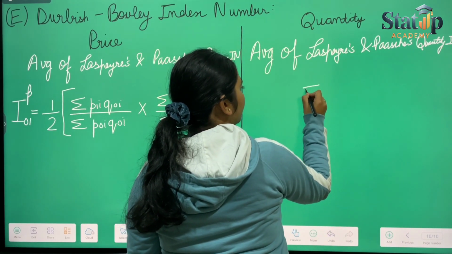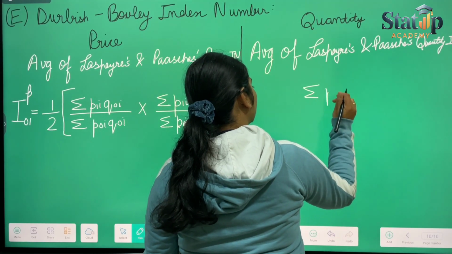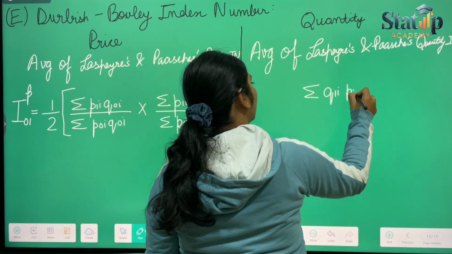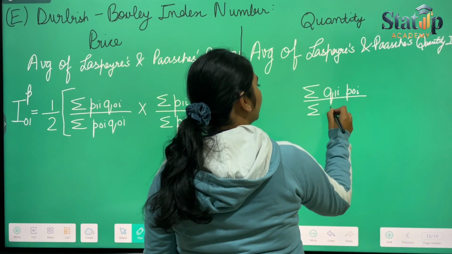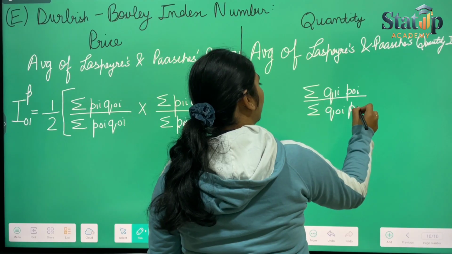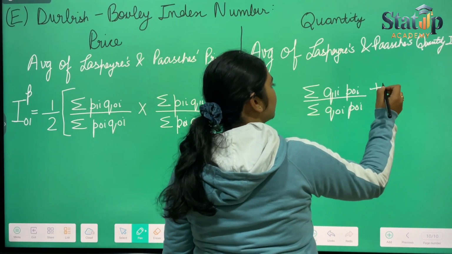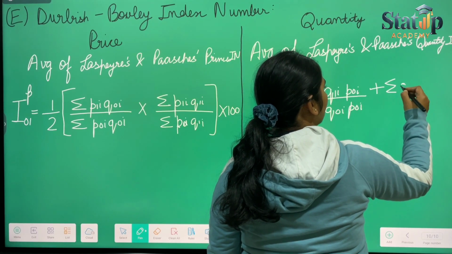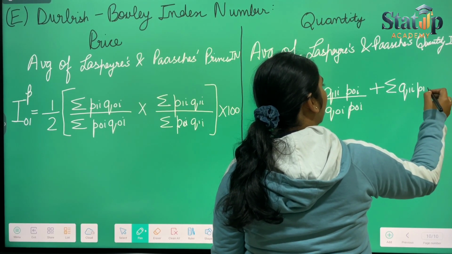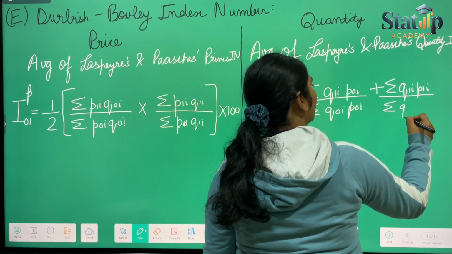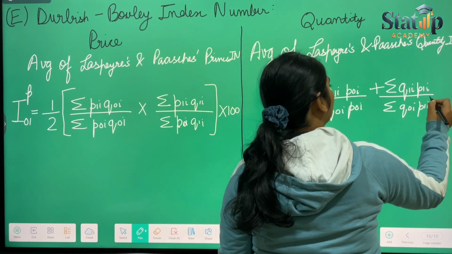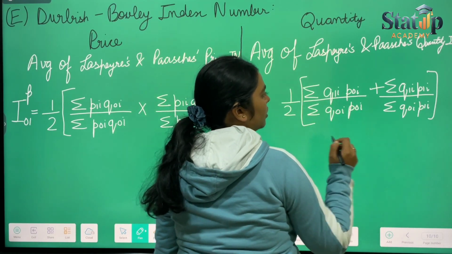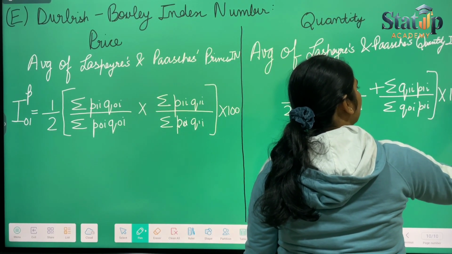Now I am writing first Laspeyres, which is summation Q1i P naught i upon summation Q naught i P naught i, plus summation of, now Paasche's quantity index number is Q1i P1i upon summation Q naught i P1i, and since it is the average value, we'll divide it by 2 and multiply by 100 for easier calculation.